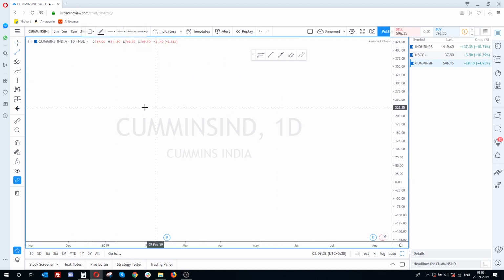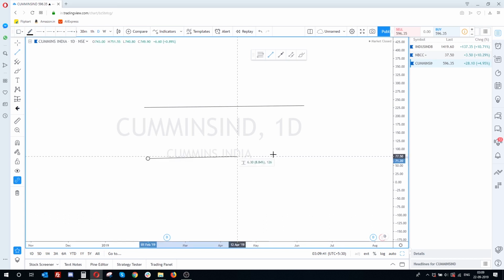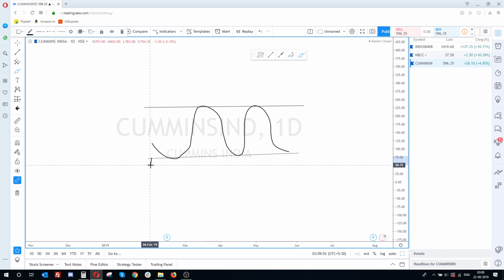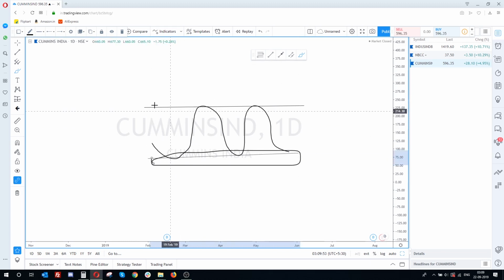So what is supply and demand? It's nothing but when the price comes to a specific point, it just reverses, right? So this is considered a demand zone, and this is considered a supply zone, right?